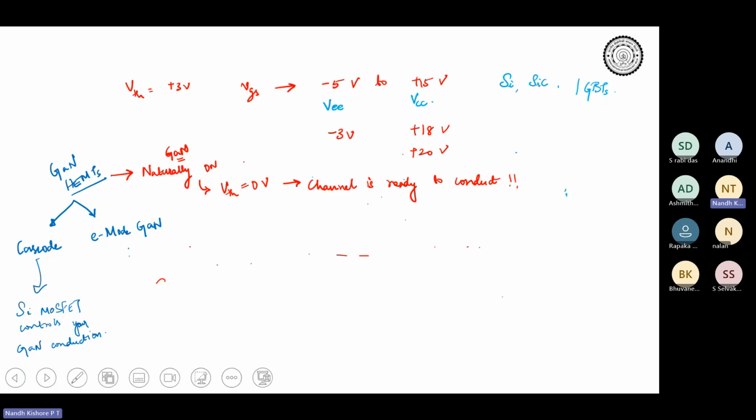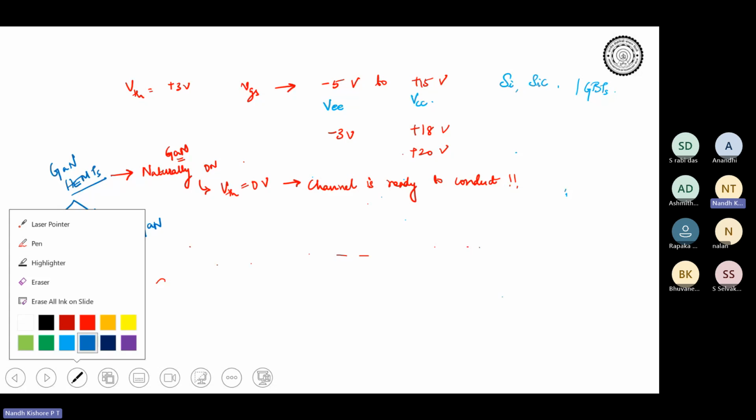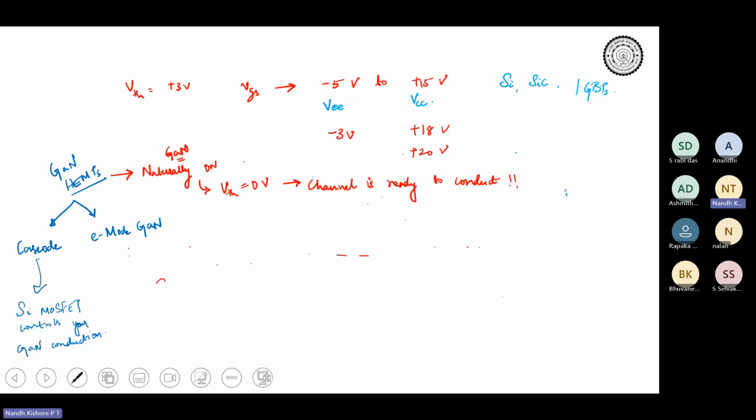However, E-mode GaN is the one that is mostly used nowadays, right? Because if you have a silicon MOSFET, the silicon MOSFET is going to take some time to turn on and turn off, and we don't want that to dictate our switching characteristic. So a better option would be to use E-mode GaN.